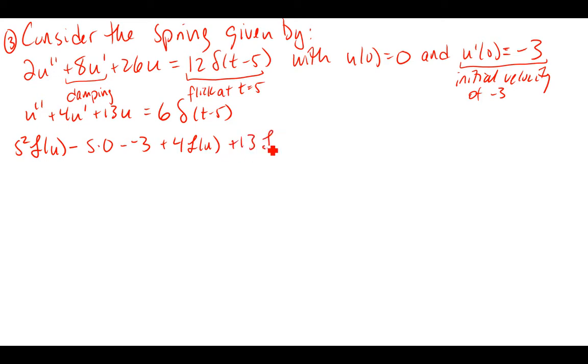And 13 Laplace of u's, that's from that one. And on the right, the coefficient always just comes along, so the 6 comes along, and then the delta function, or this impulse function, right, has an easy transform. It's just e to the negative 5s. Okay, so it's because the impulse is happening at time 5. Okay, so that's my transform.